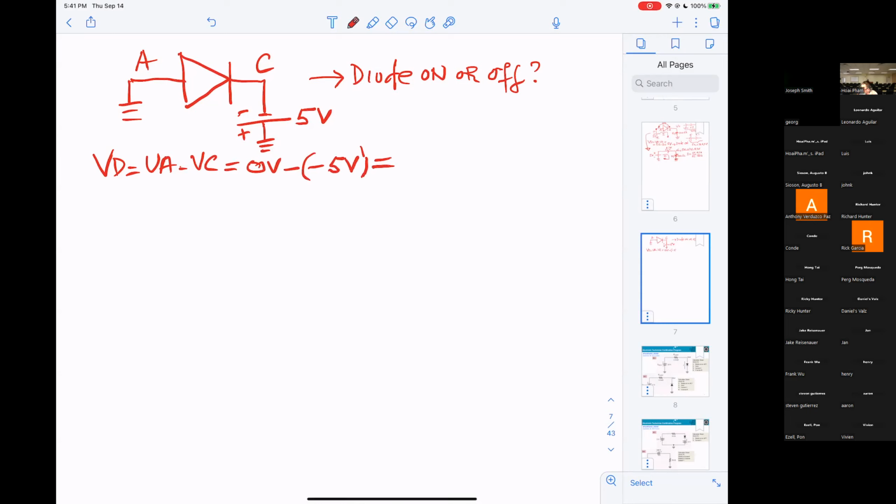So what do you get? 0 minus minus, that means you get 5 volt. VD equals 5 volt, greater than 0.7. That means the diode will be on.